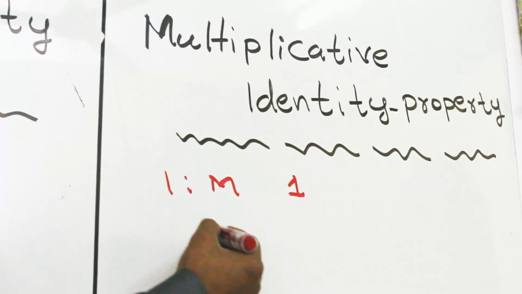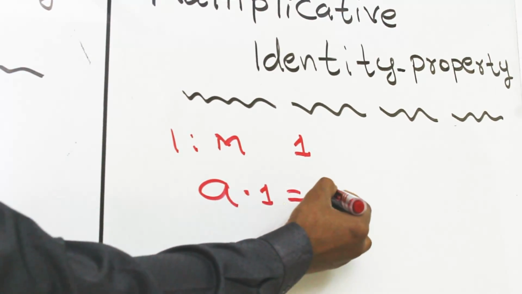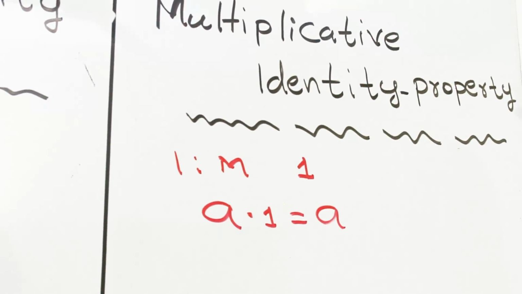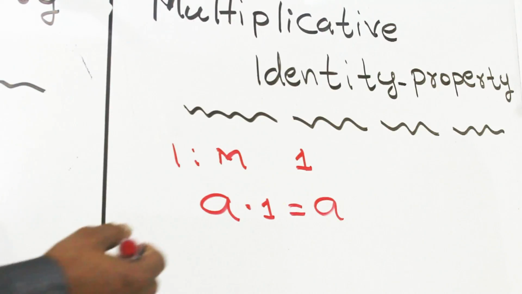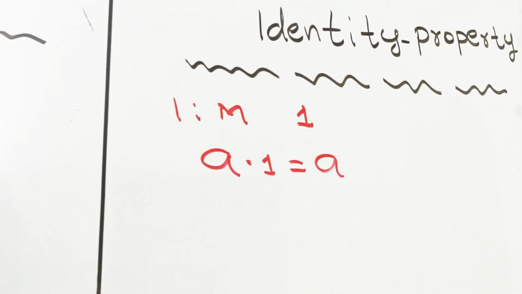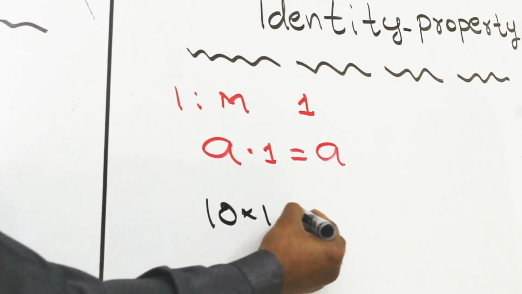For example, A multiplied by 1 is equal to A, without any change. This is the multiplicative identity property. So the identity of multiplication is 1, whereas the identity of addition is 0. If you check with an example, you get the same thing: 10 multiplied by 1 is equal to 10.